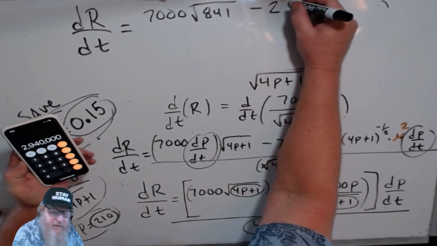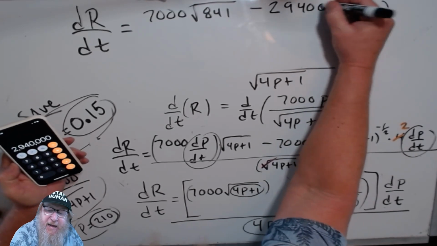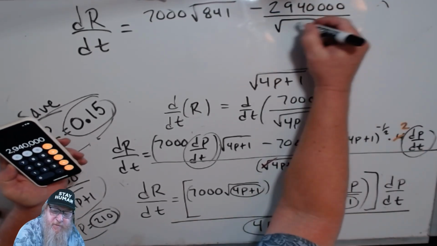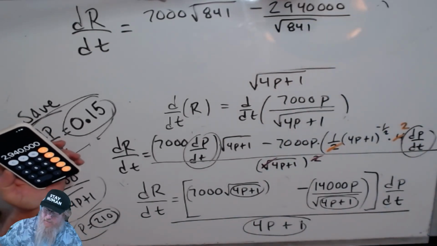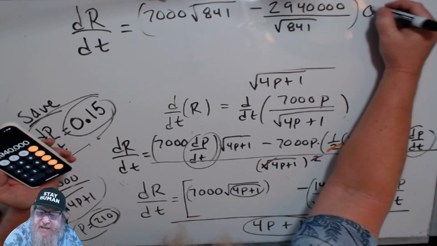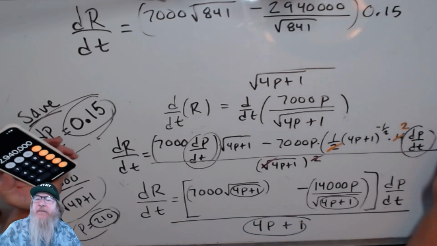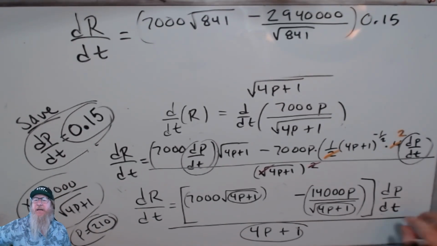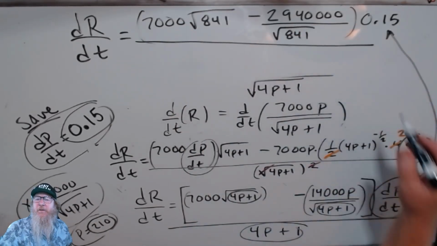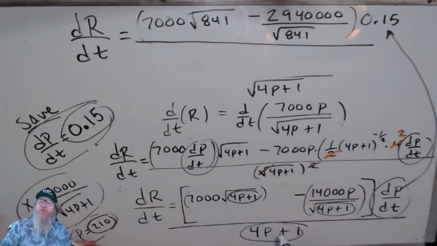That's 2,940,000 over the square root of 841 times 15 cents. That's this dp/dt here. All over. Now this one doesn't have the square root anymore.